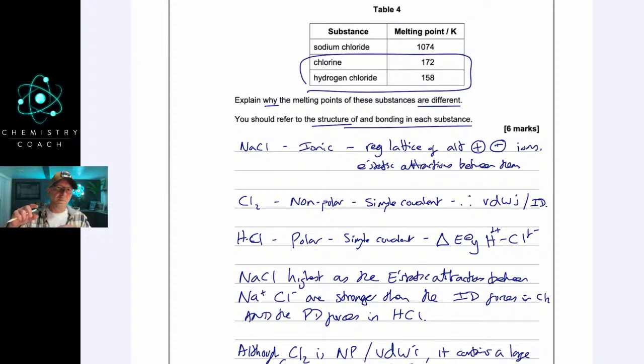But where you've got these non-polar ones that only have induced dipole forces between them, be prepared to say, well, actually, that molecule's massive and it's got loads of electrons. So those induced dipole forces must be just ridiculously strong, and stronger than the permanent dipole in another.